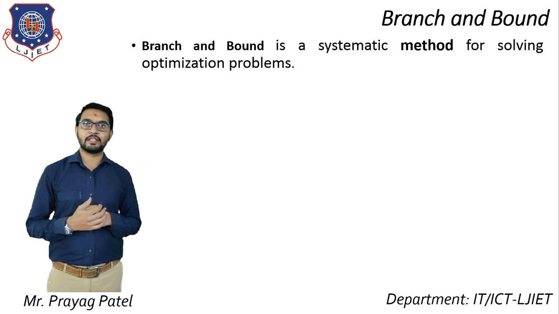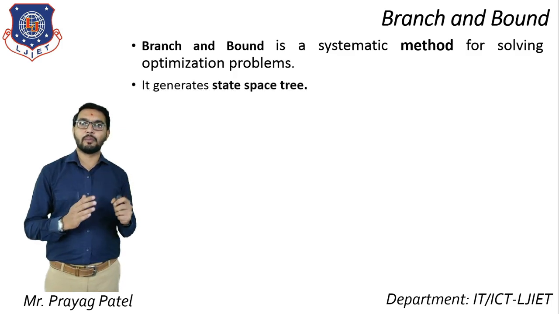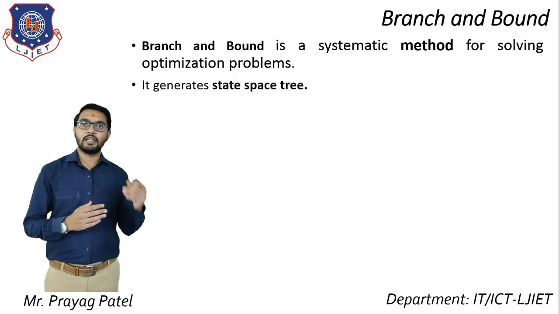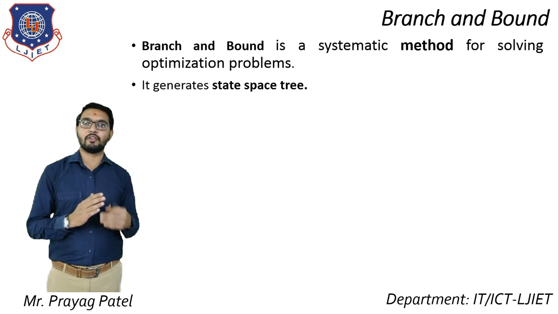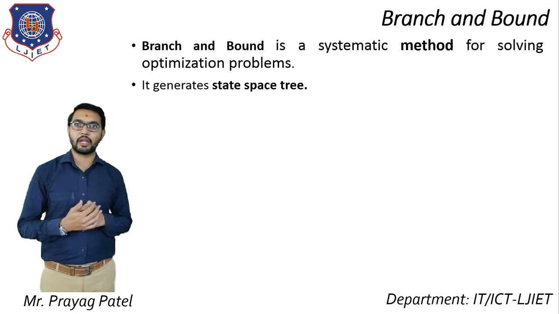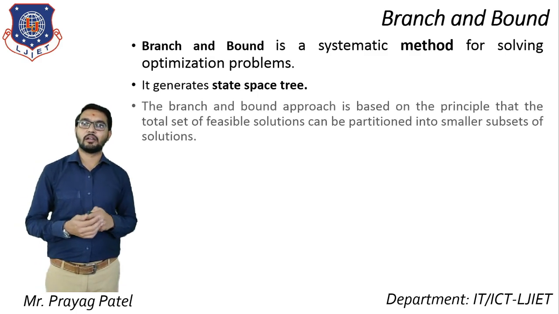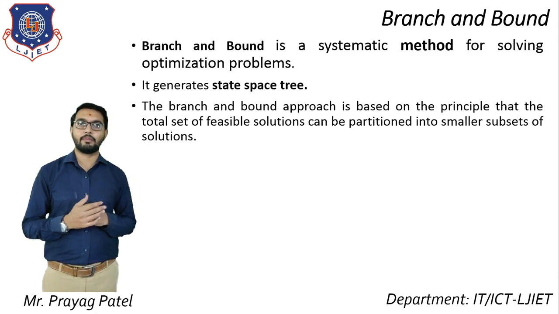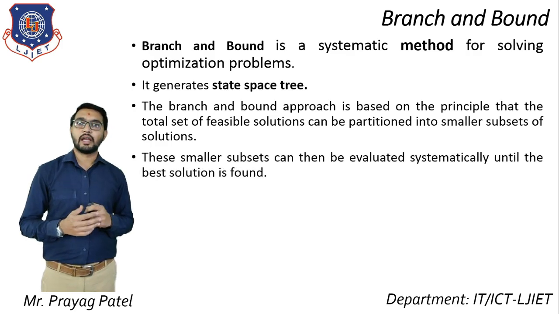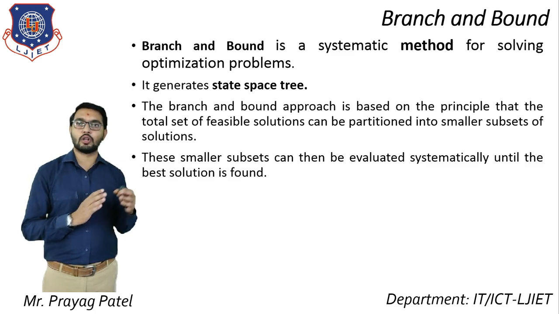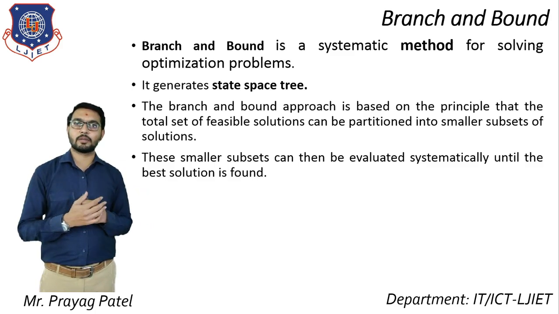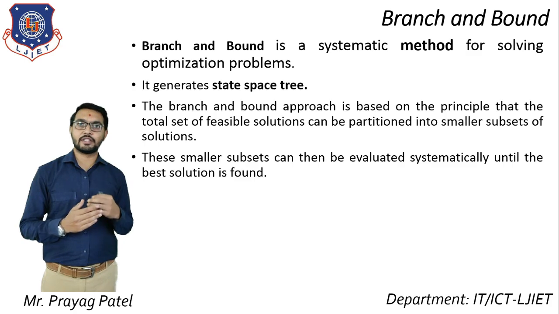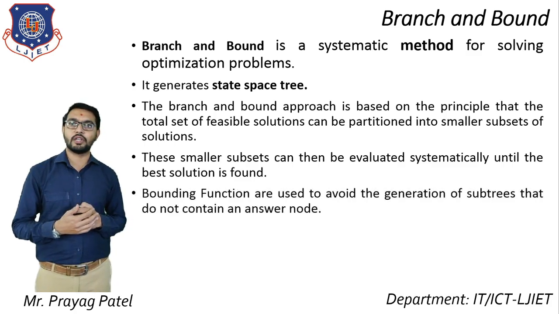So branch and bound is a systematic method for solving optimization problems. Here it generates one state space tree for the branch and bound technique, according to the backtracking method. The branch and bound approach is based on the principle that the total set of feasible solutions can be partitioned into smaller subsets of solutions, and then we consider and solve the smaller subsets. Means these smaller subsets can then be evaluated systematically until the best solution is found.